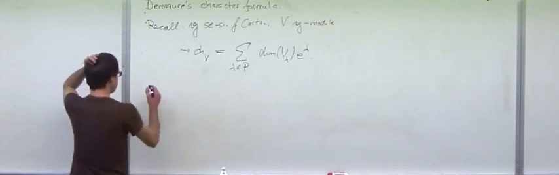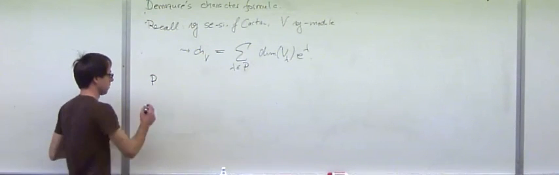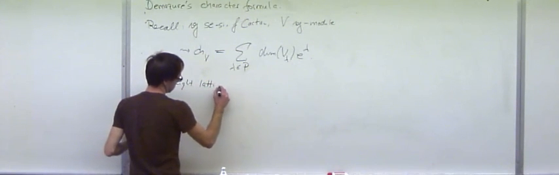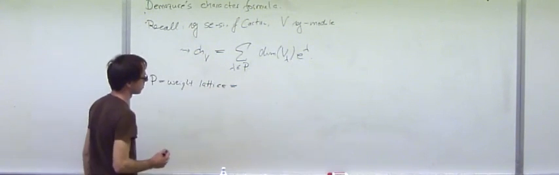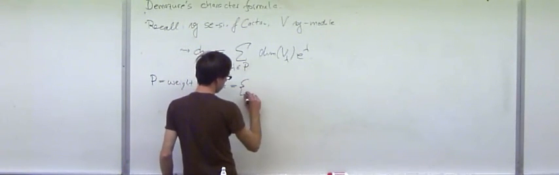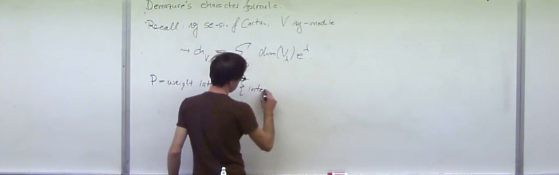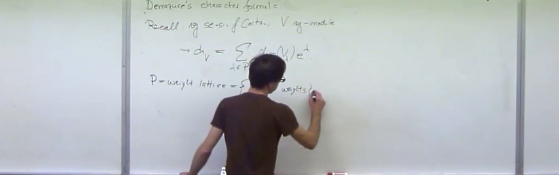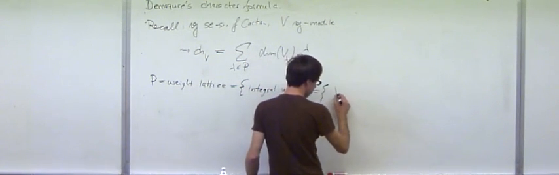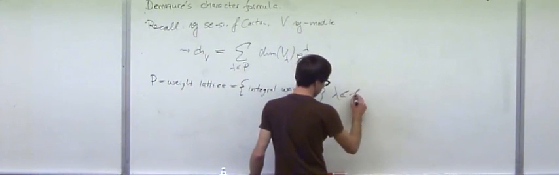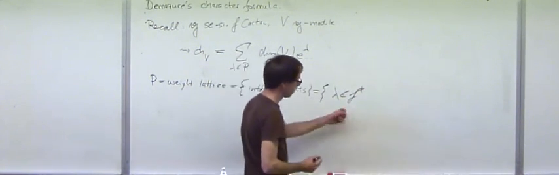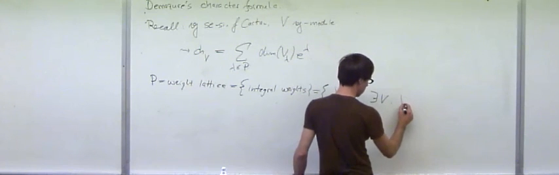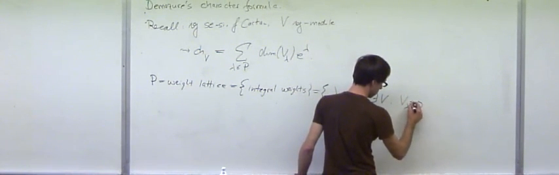So what's P again? P, that's what we called the weight lattice. Or now that I introduced this notion of integral weights, it is the same thing as the set of integral weights. And this is by definition the set of weights, so the set of linear forms on the Cartan, such that there is a module V such that V lambda is non-zero.